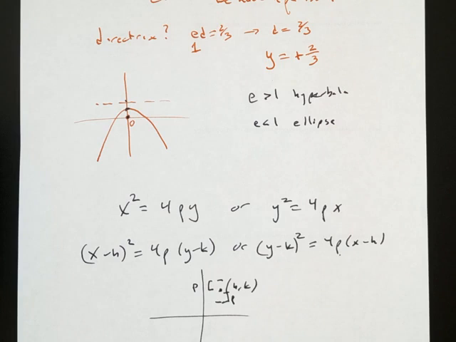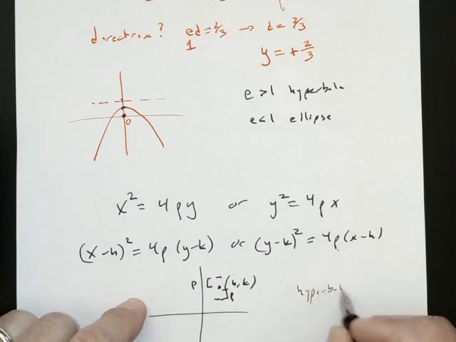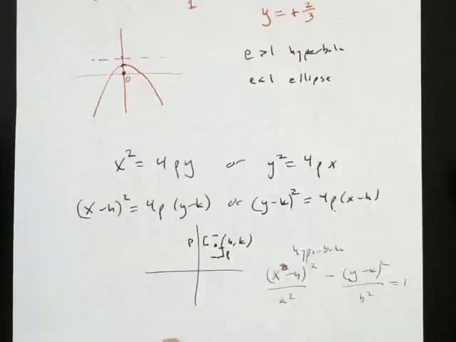Hyperbola has A and C because the hyperbola's equation is... the hyperbola has A and B, so it's going to have C. Just like the ellipse.